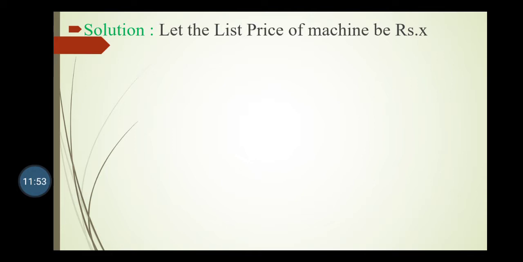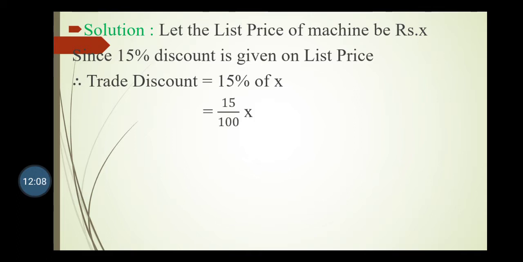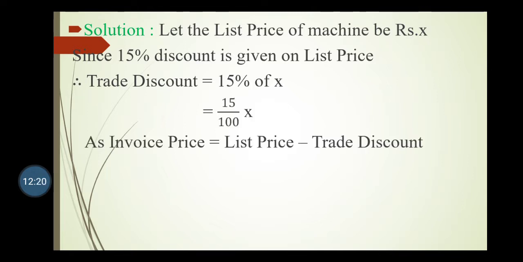So we will consider the list price to be rupees X. Since 15% discount is given on list price, trade discount equals 15% of X, which is 15 upon 100 into X. Now we know the invoice price can be found after deducting the trade discount from list price.